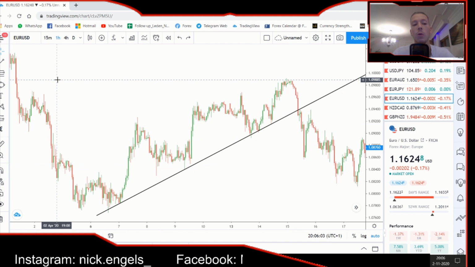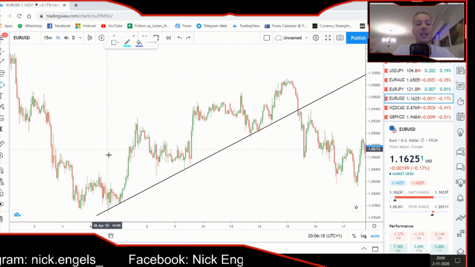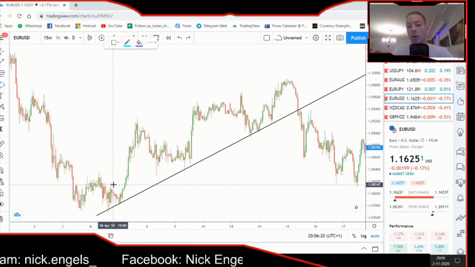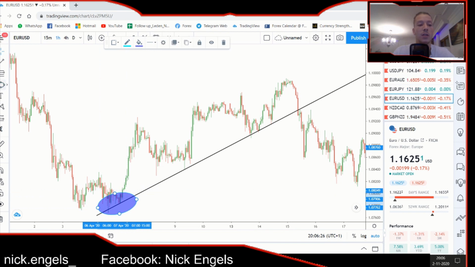Now normally what we do inside trading, we spot certain points in the market where we can say, hey, we think price is either gonna go up or price is gonna go down. Now, when we've spotted this beautiful uptrend, obviously we are able to spot some good areas of entry. This over here is a beautiful area to take an entry.